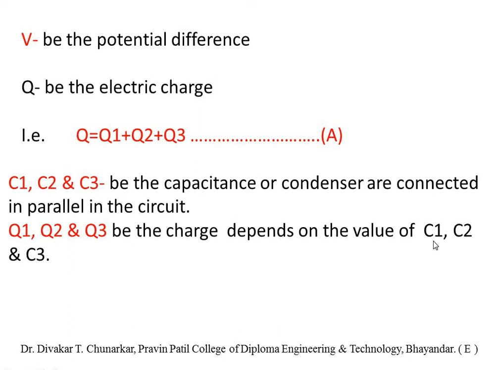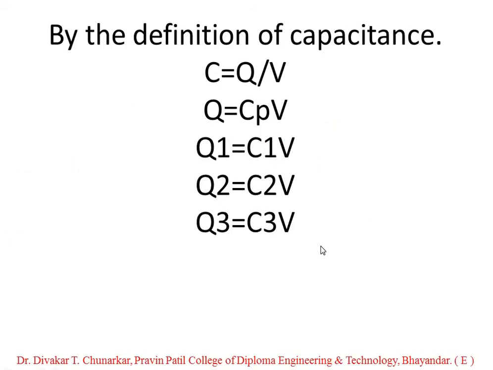In the previous circuit diagram, V was the potential difference, and in series combination the potential difference depends on the capacitance. But in the case of parallel capacitance, the electric charge depends on the capacitance.